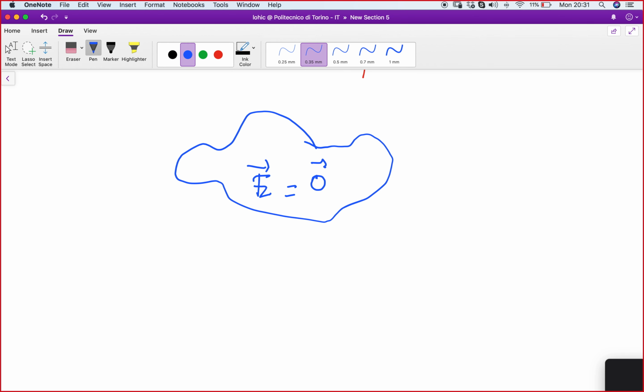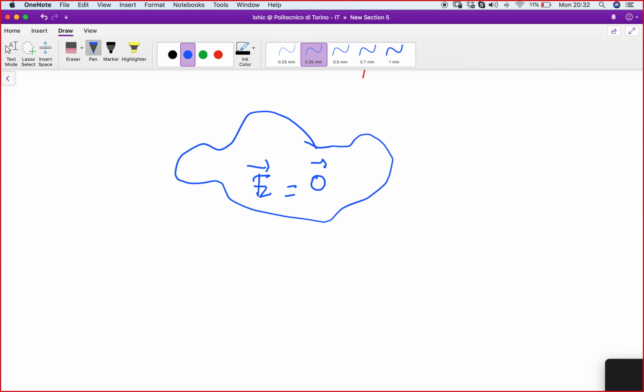So what happens if you take a conductor in equilibrium? A conductor in equilibrium means that the charges on that conductor are not moving, and for this to happen, the internal field should be equal to the null vector.